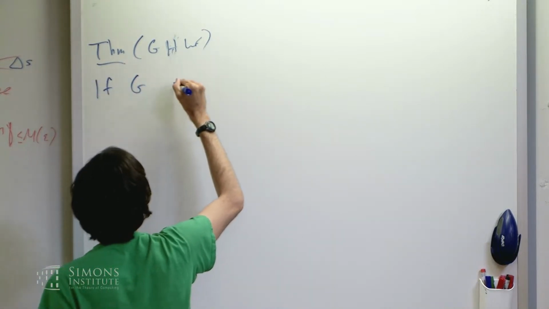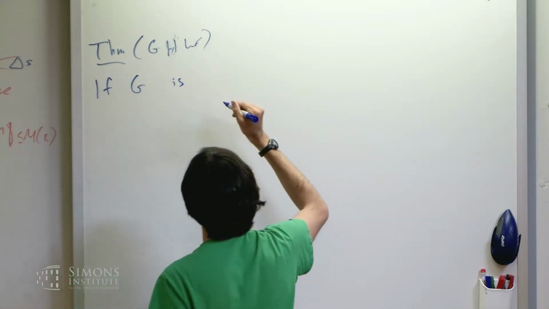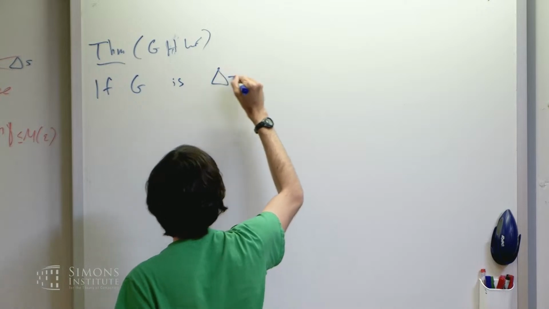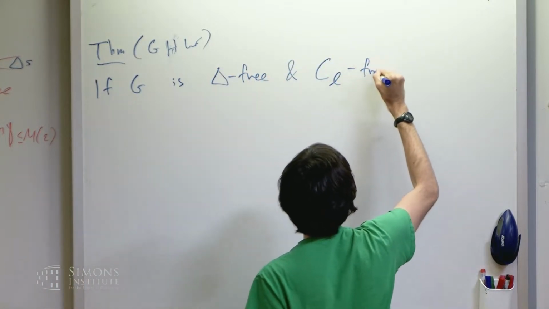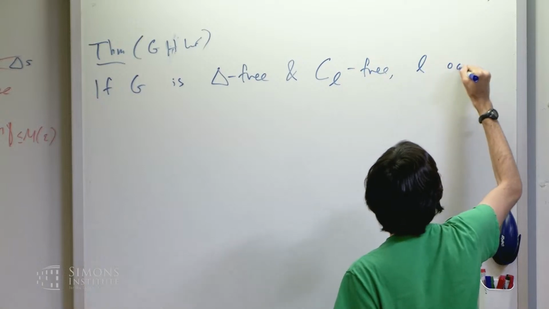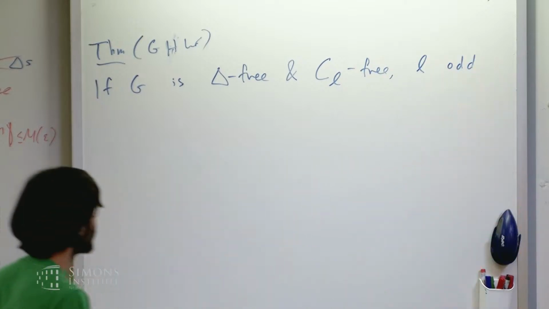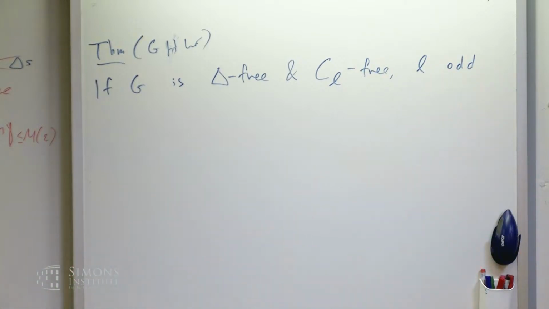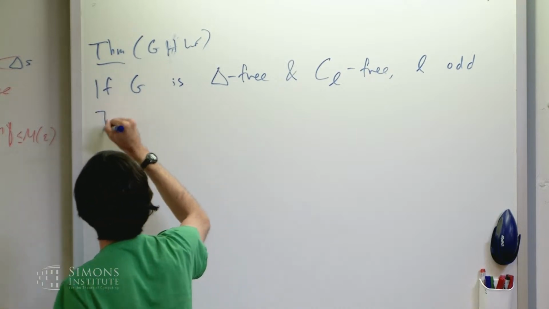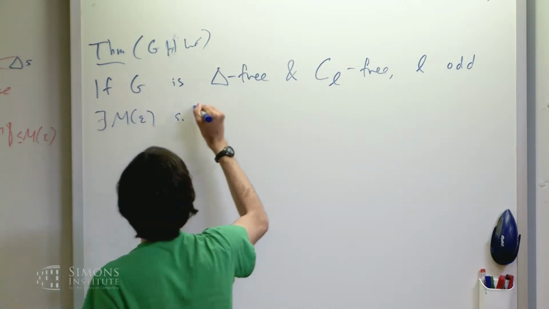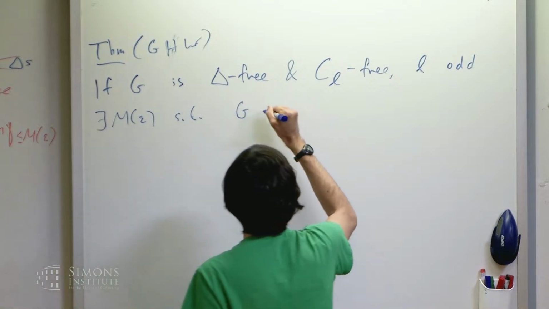If G is triangle-free and C_L-free, where L is some odd length. So now I'm going to assume that my graph is triangle-free, and I'll also assume, additionally, that it also avoids some specific other odd cycle. Then again, there exists some m of epsilon such that G.